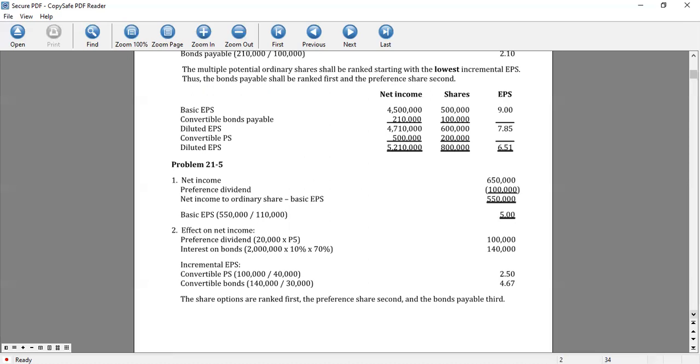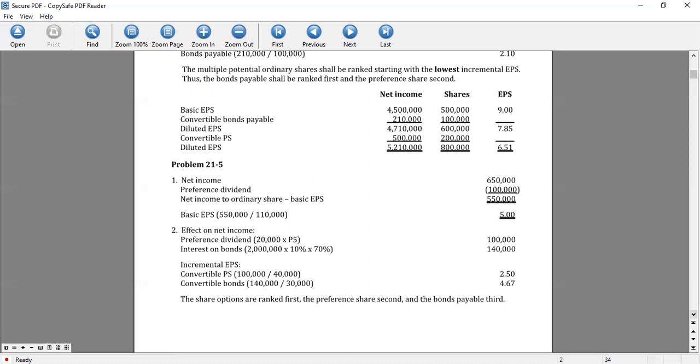Net income is 650,000. Then we deduct the preference dividend, that's 5 multiplied by the number of preference shares of 20,000. So we now get the preference dividend of 100,000. Deduct from net income, and we have the net income to ordinary share, for basic EPS. So net income is computed, leaving 550,000 to the ordinary shares.